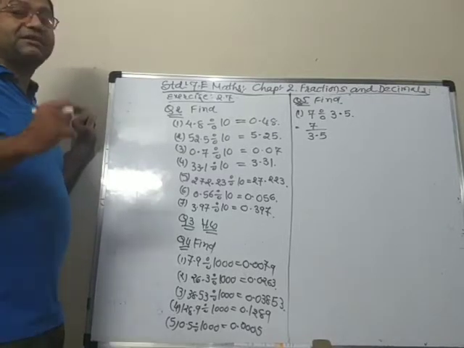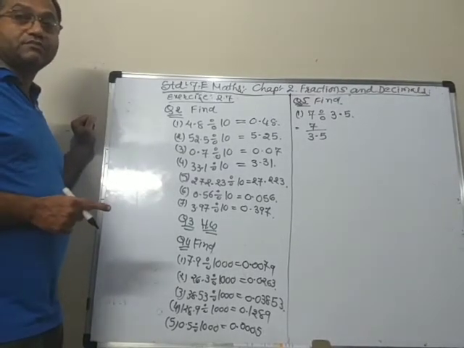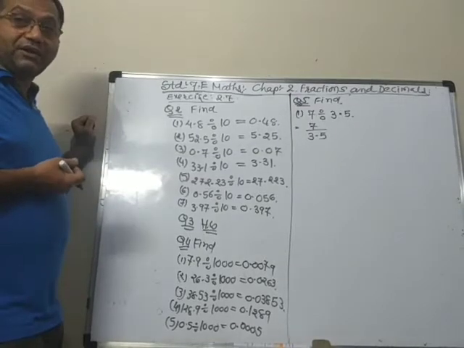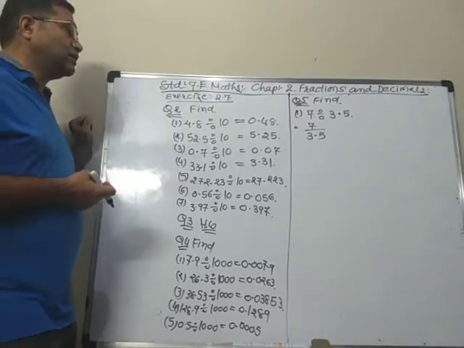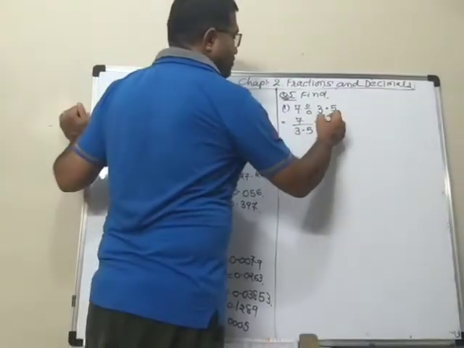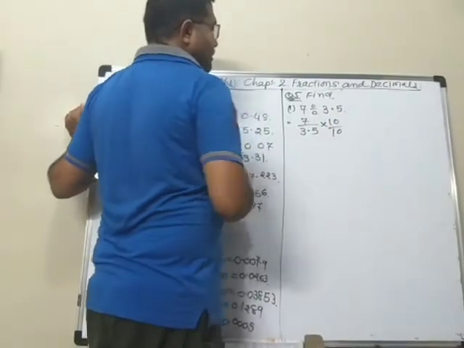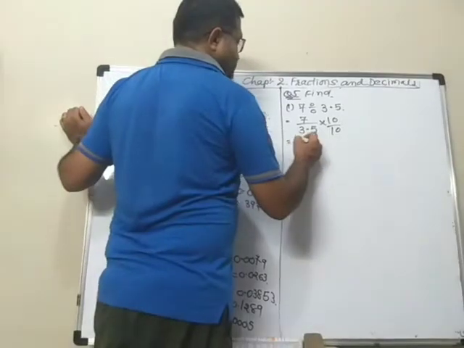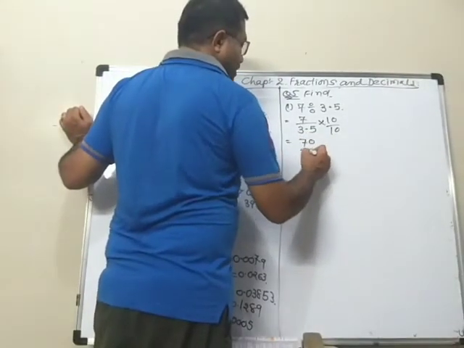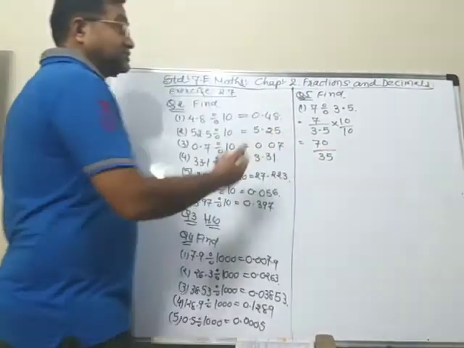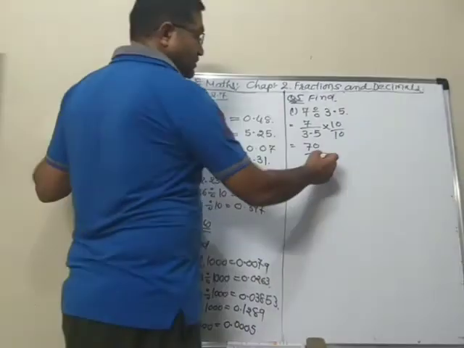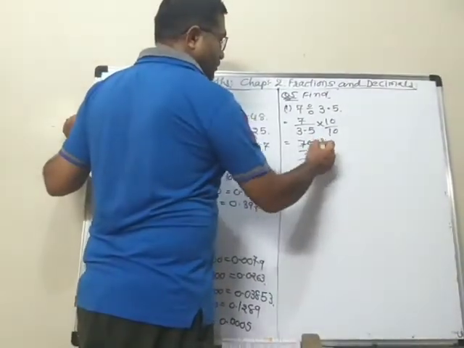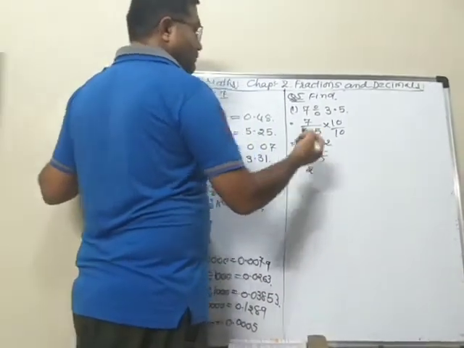See, if you multiply 3.5 by how much you will get 35? Obviously 10. So we have to multiply both numerator and denominator by 10. So you will get 7 tens are 70 upon 35. Now it is simple. 35 twos are 70. If you have powerful mind.